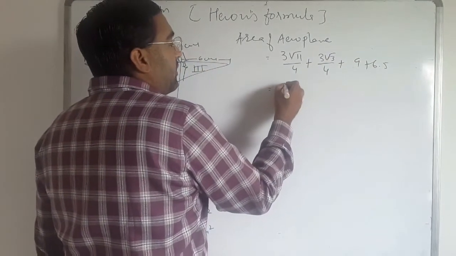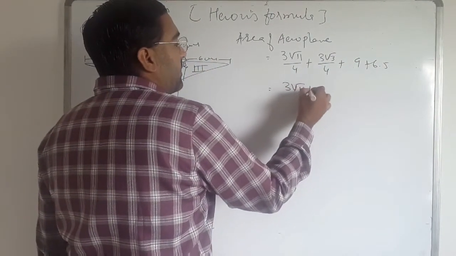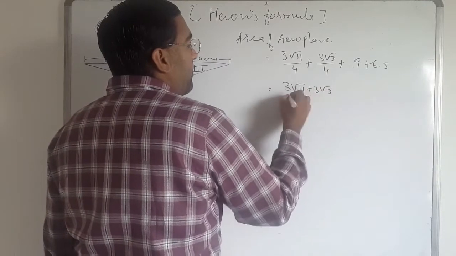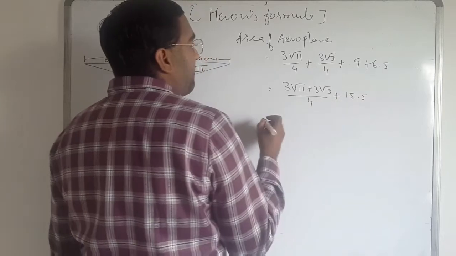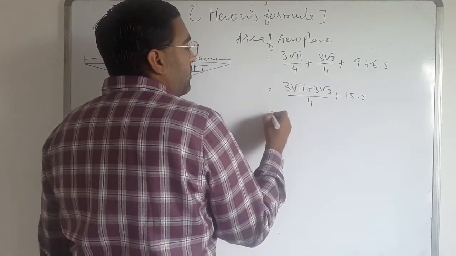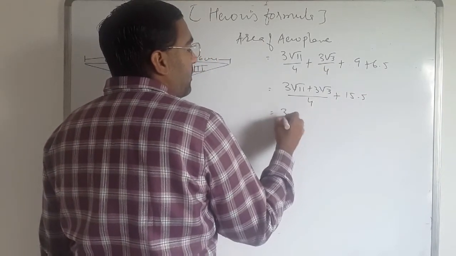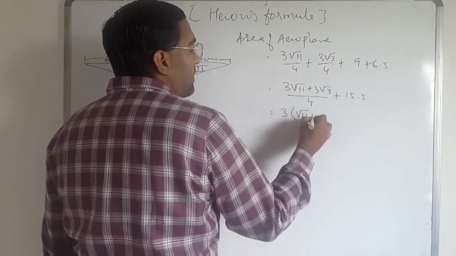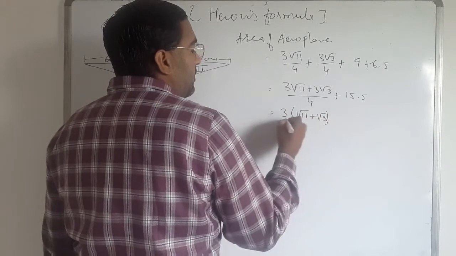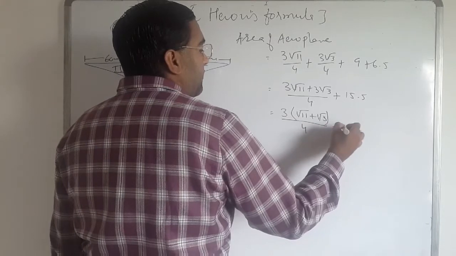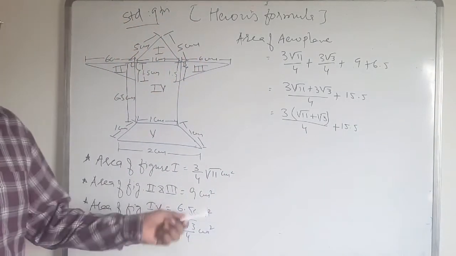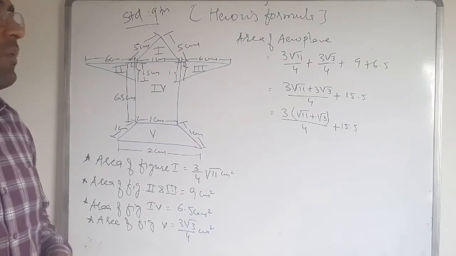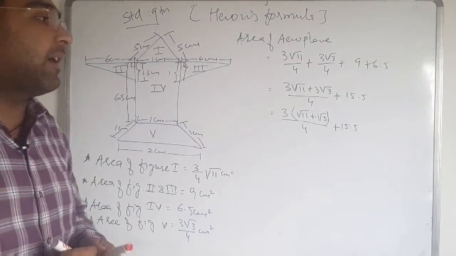So 3 root 11 plus 3 root 3, whole by 4, plus 9 plus 6.5, that is 15.5. We take 3 as common: 3 into root 11 plus root 3, by 4, plus 15.5. So this is my final answer for the area of the aeroplane.